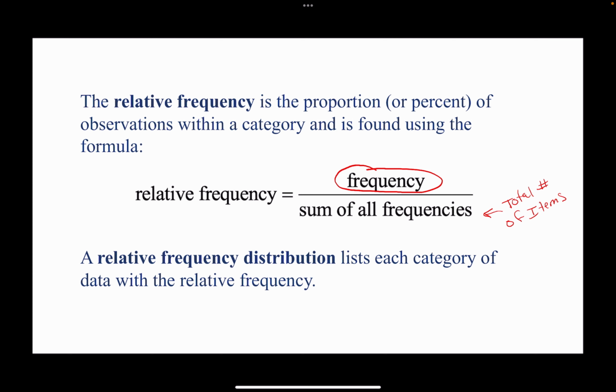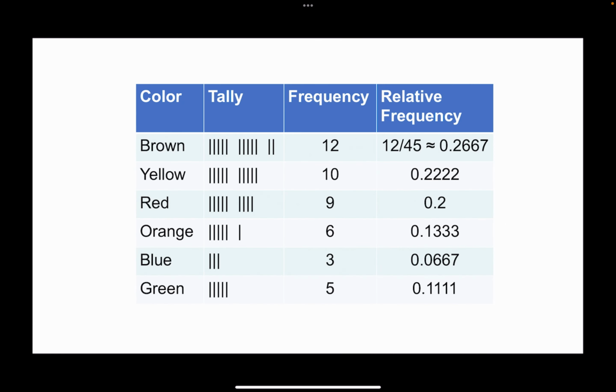That will give us a fraction. So if you're giving me a relative frequency as a fraction, make sure you simplify it. Most of the time, though, we're going to want that as a decimal or a percent. So a relative frequency distribution is a table that shows the relative frequency of each item. So let me move on and show you what that looks like.